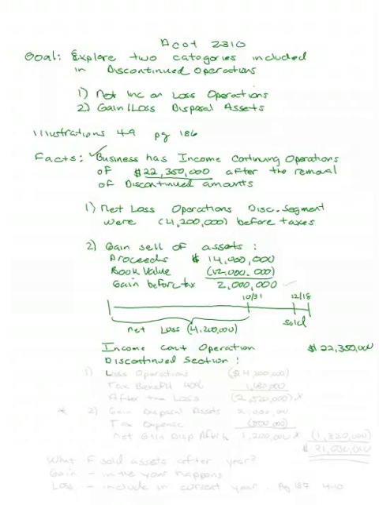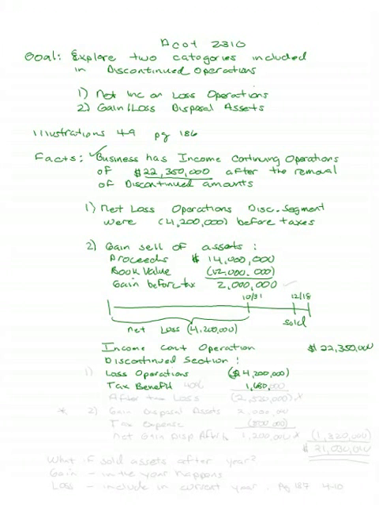First comes the loss from operations of the discontinued segment, and the loss from operations is $4,200,000. The tax benefit that would have with that, because you would save money from your taxes, 40% of $4,200,000 is $1,680,000.